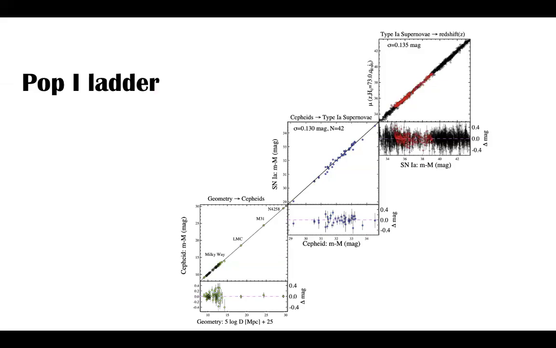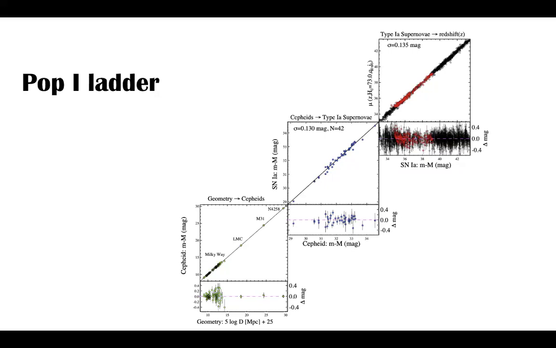Okay, so there's this population 1 ladder that Adam Riess has popularized as a route to get to the Hubble constant, which involves these steps where you've got a local calibration of the Cepheid relationship within the Local Group, and then you transfer that over to supernovae at distances that are close enough that you can see Cepheids in those galaxies that have had supernovae go off in them.